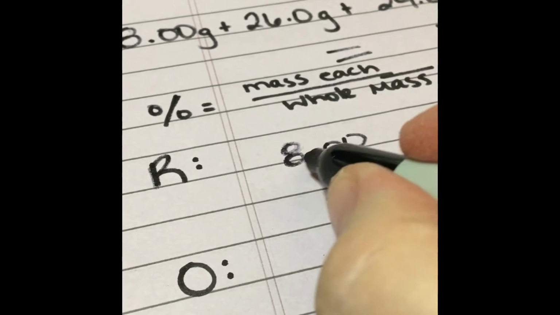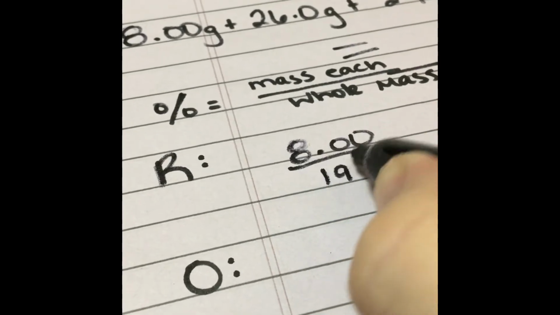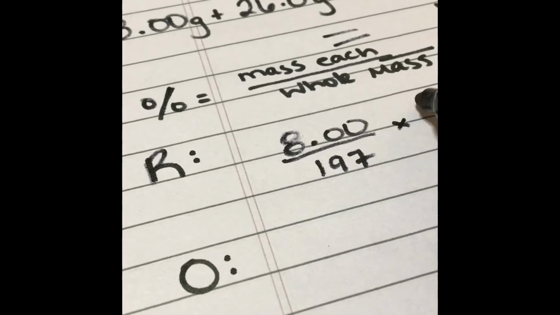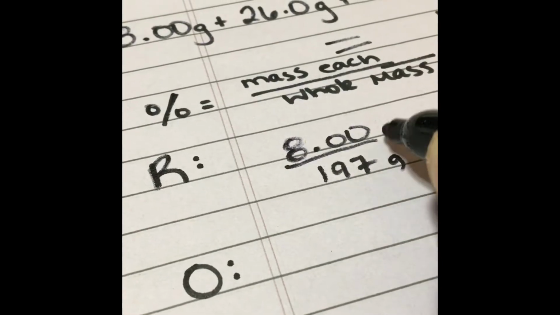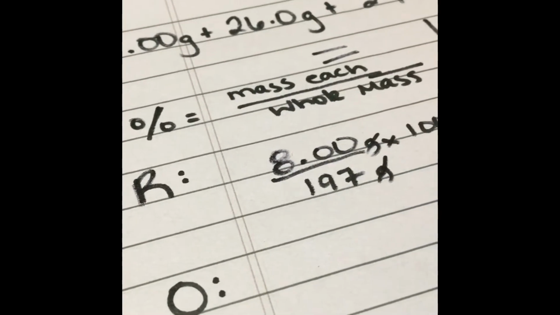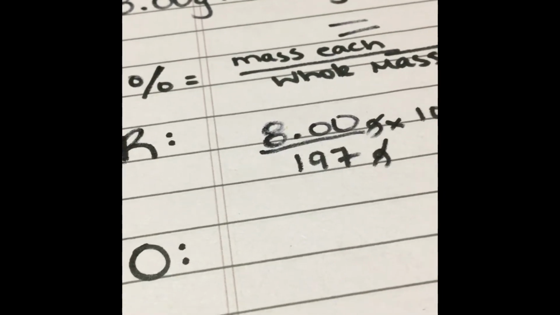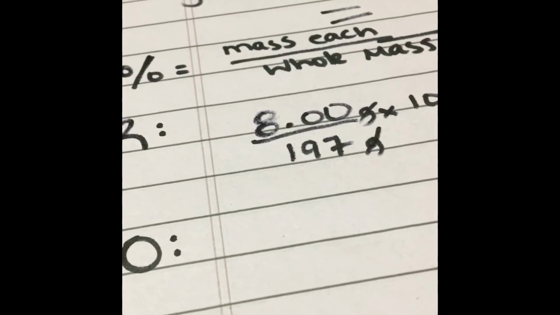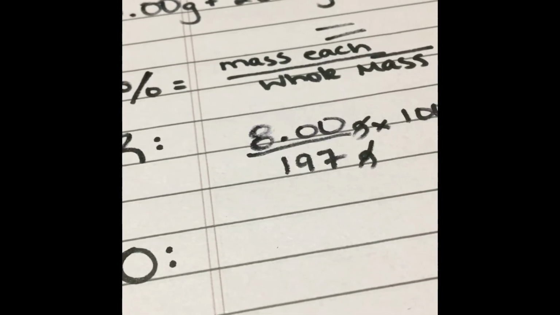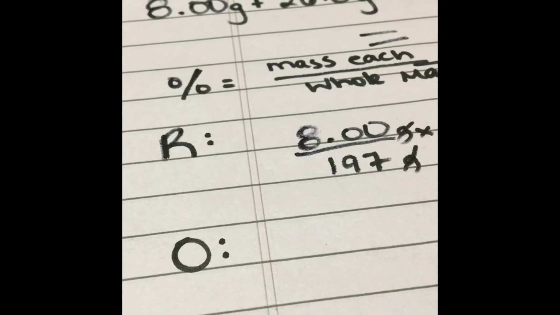And the total mass of everything is 197. And we're going to multiply by 100, and both of these are grams, so they cancel out. So in my calculator, 8.00 divided by 197, times 100, gives me 4.06%.